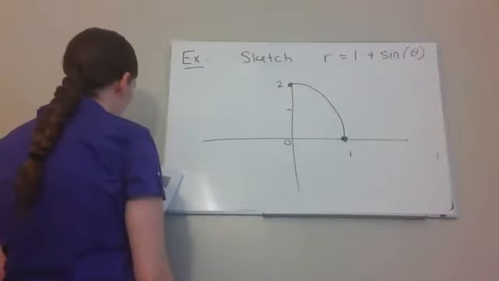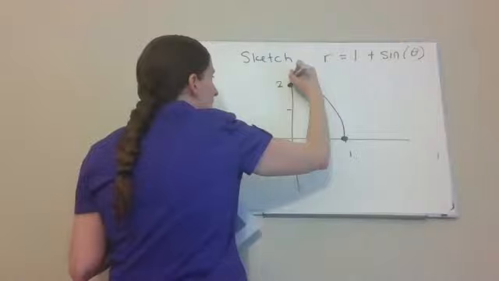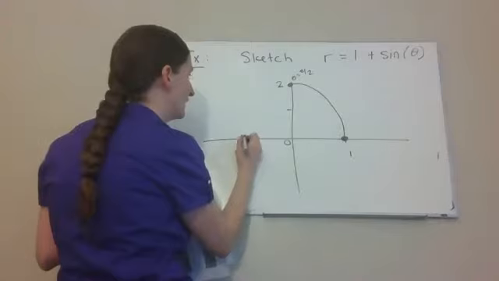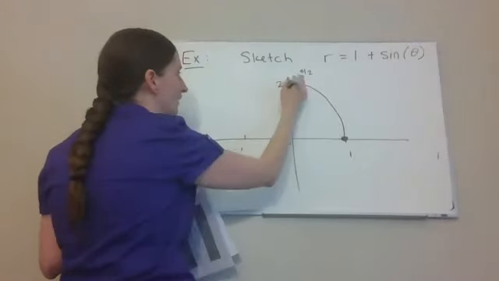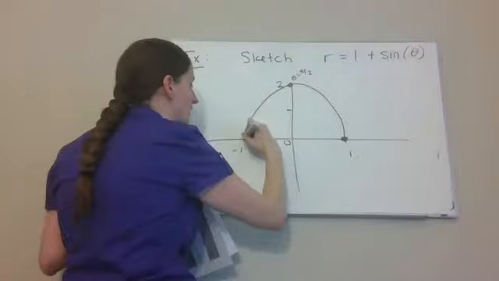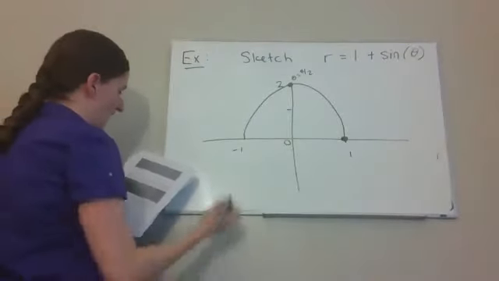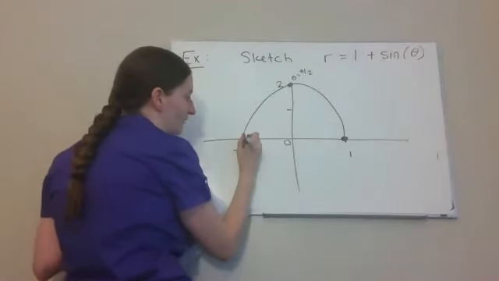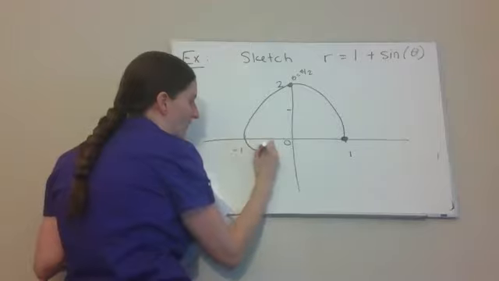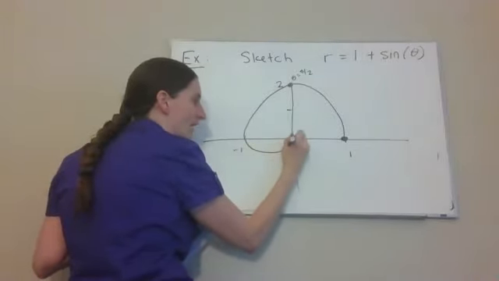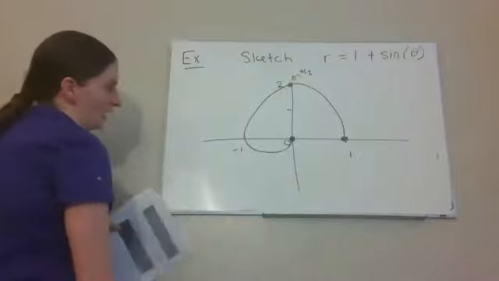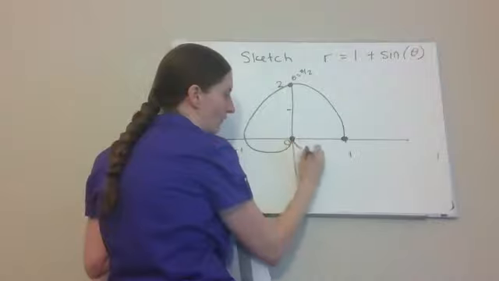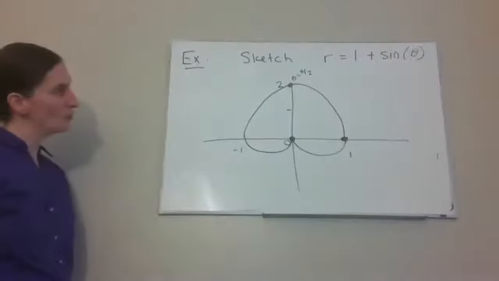Now as I go between pi over 2 and pi, which is over here, my distance decreases from 2 to a distance of 1. Between pi and 3 pi over 2, my distance decreases from 1 to 0. A distance of 0 means it's right at my point O. And then between 3 pi over 2 and 2 pi, my distance increases from 0 back up to 1.